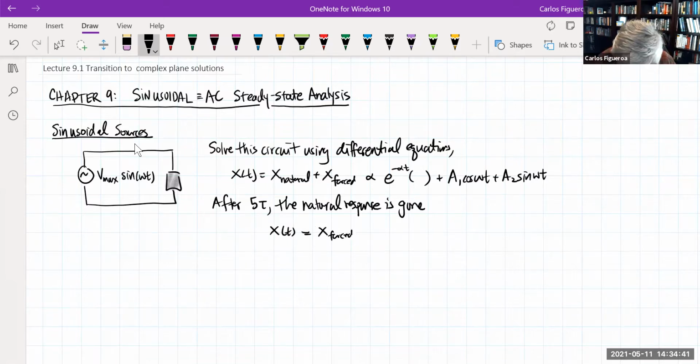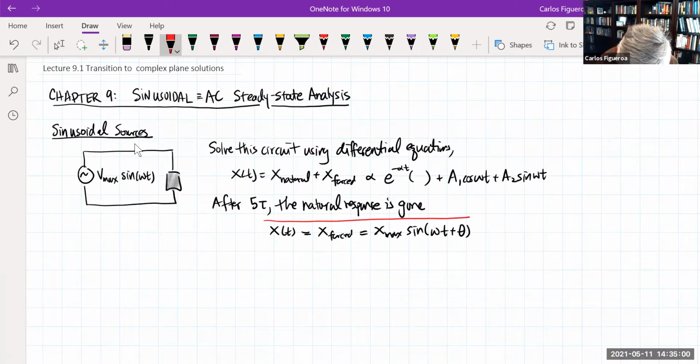The way we're going to write it is that we're going to have some maximum amplitude, and we'll write it in such a way that it's omega t plus some phase constant. So I'm going to get a function that has no natural response. The only relevant thing here is the forced response.